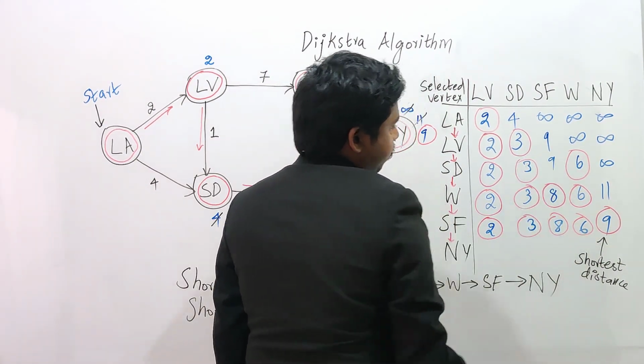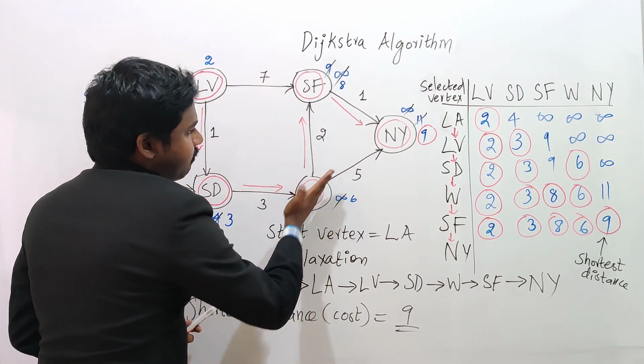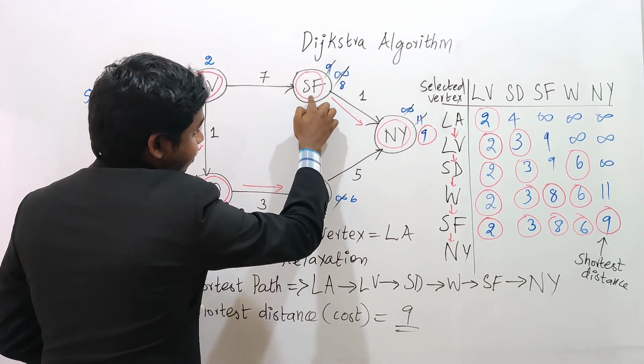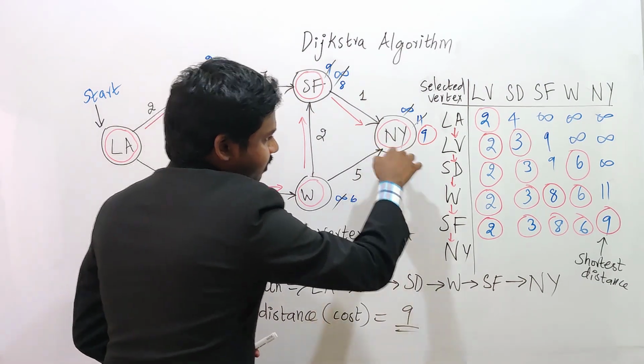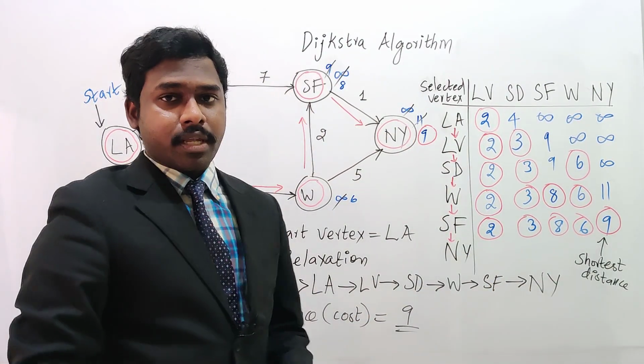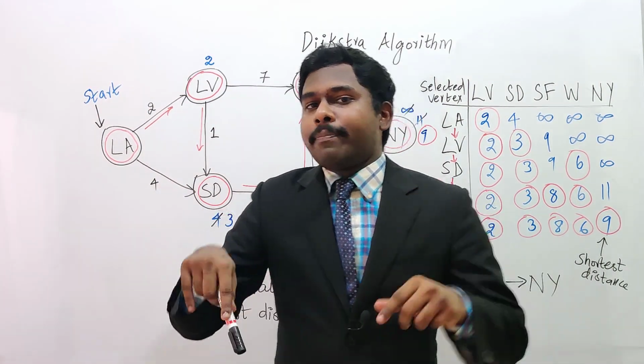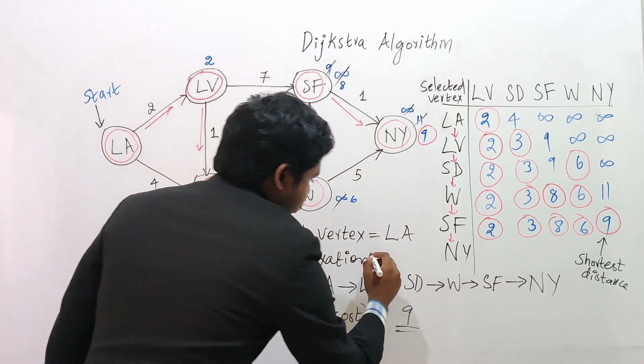From Washington, you also have two directions. But for San Francisco, we had only one direction, so we modified only New York City in that case. So this is how you do relaxation or updation.